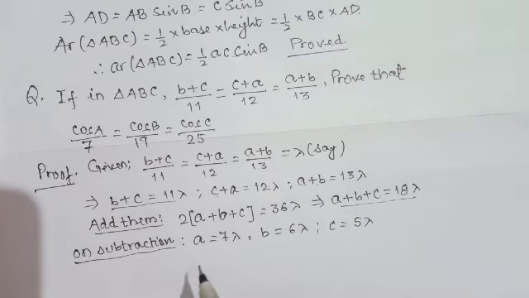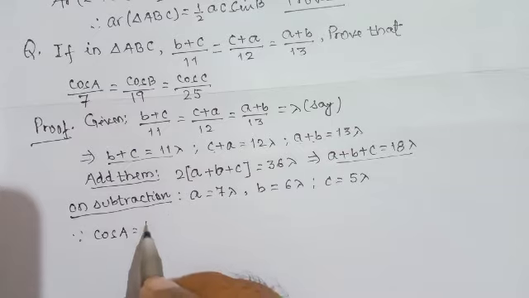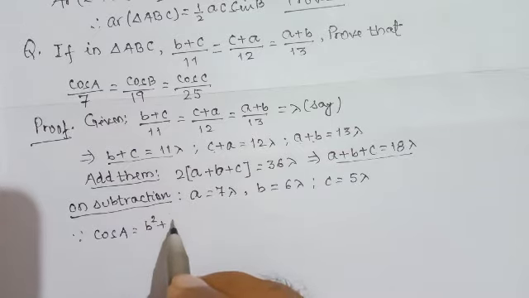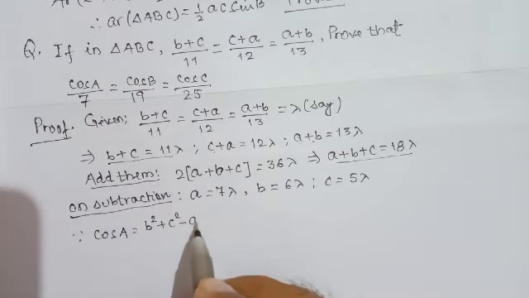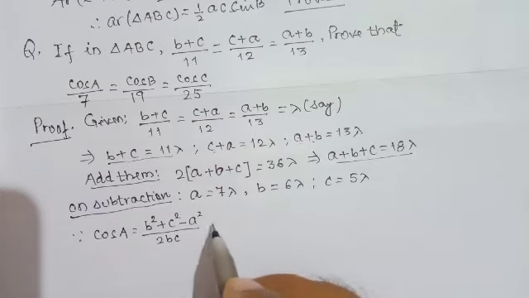Now write down the value of cos A. Do you know the formula for cos A? I think all of you have remembered. That is B square plus C square minus A square upon 2BC. Write down their values.